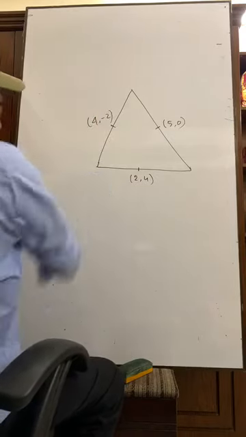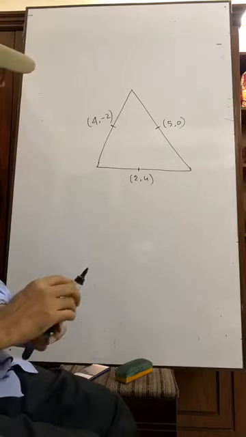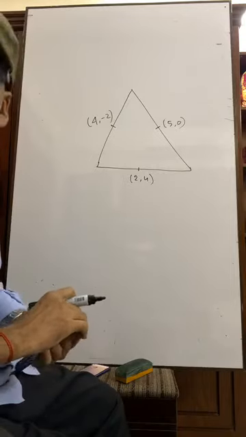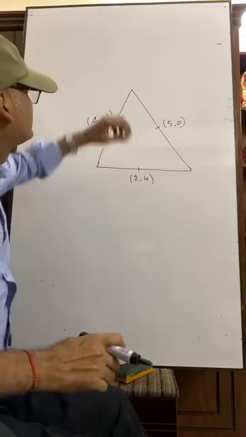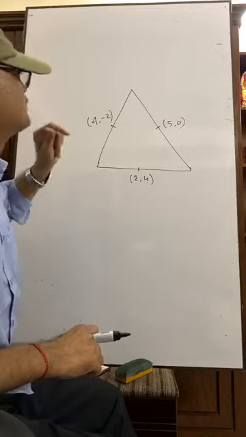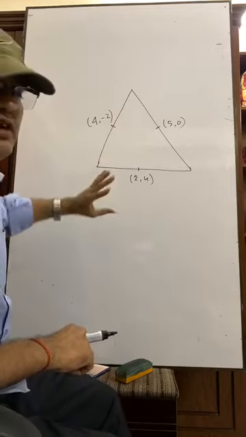Now you have to determine the coordinates of the vertices of the triangle, suppose A, B and C.